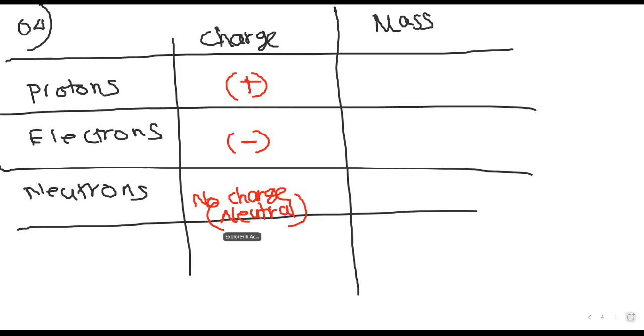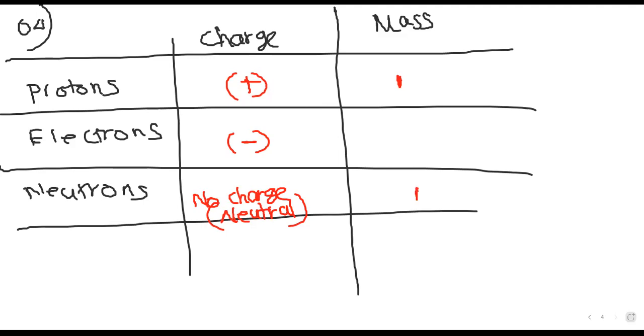When you talk about the mass, the mass of a proton is 1, and a neutron has a nearly equal mass, not exactly the same, but we consider it to be equal.